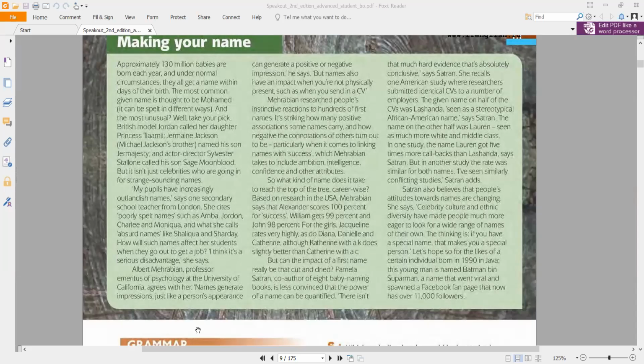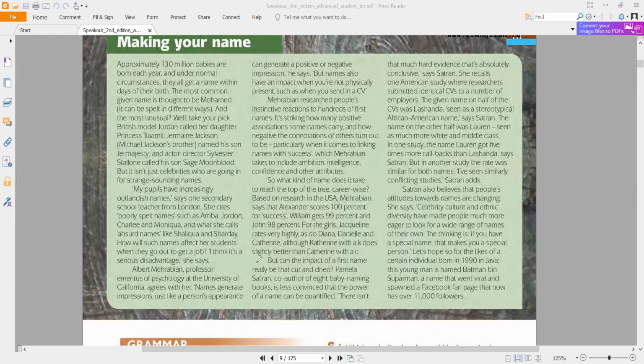For the girls, Jacqueline rates very high, as do Diana, Daniel and Katrina. Although Katrina with a K, Catherine with a K, does slightly better than Katrina with a C. Thank you.